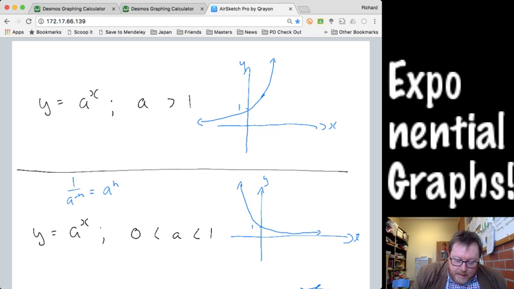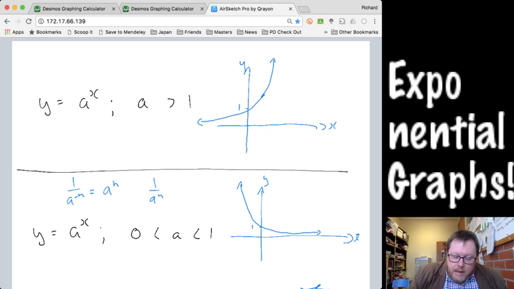And when x is positive, we just have 1 on a to the power of n, which simply means that as n gets large, it's 1 over a big number, and as that number on the bottom gets bigger, it gets closer and closer and closer to 0 without actually touching 0.